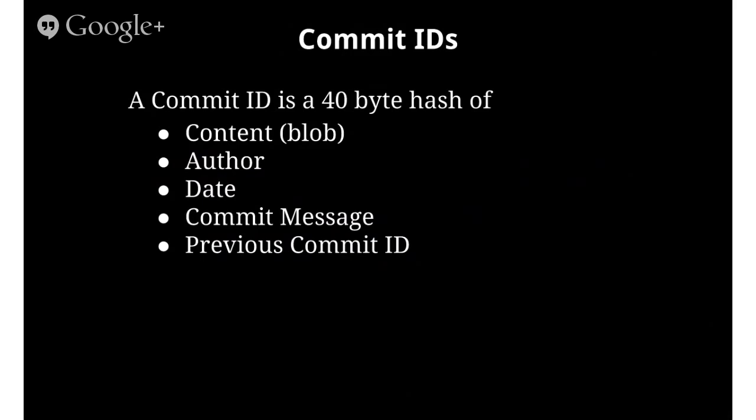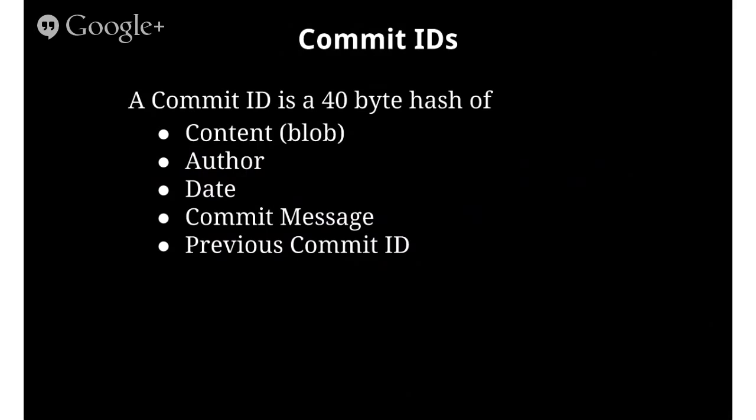So, essentially, the data in a commit is the content of the file. Not the name of the file. The content itself of the file. The text that's inside the file. And then you add to it the author, the person who created it. You add to it the date that the commit was made.